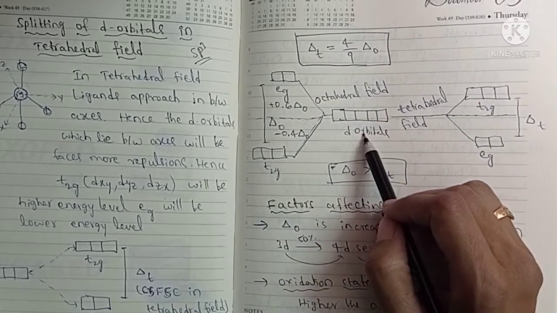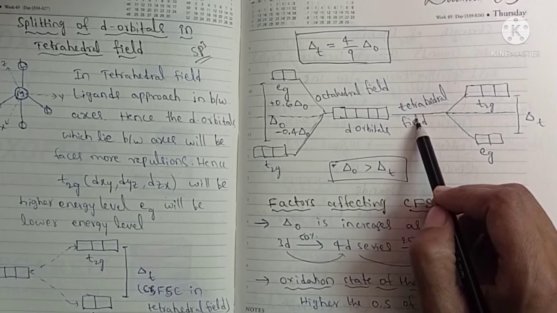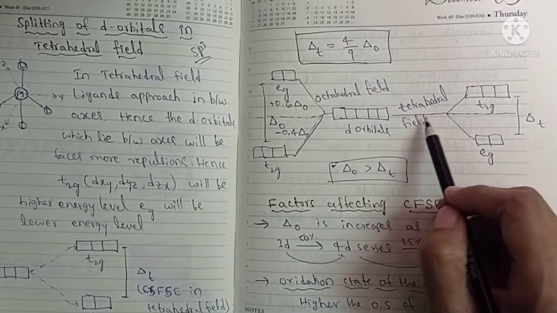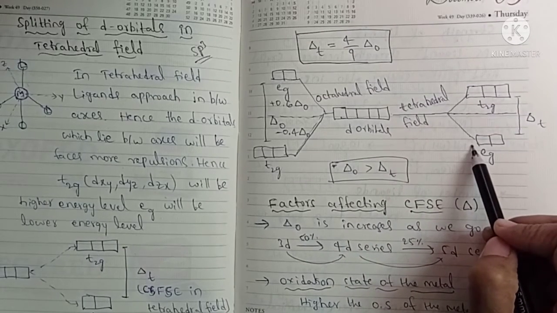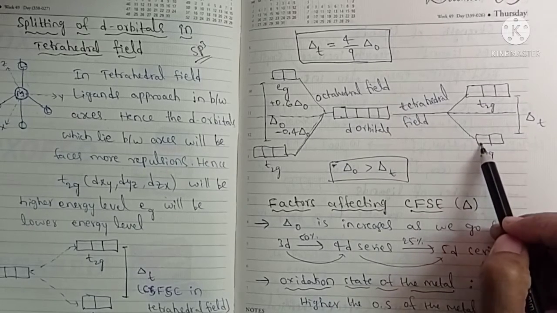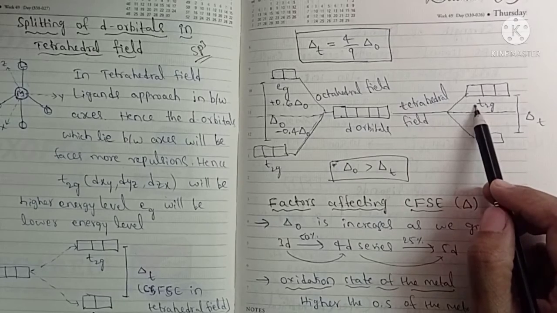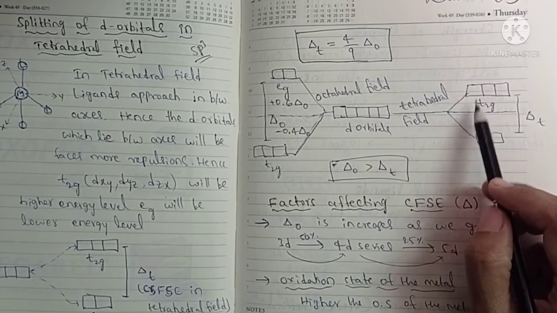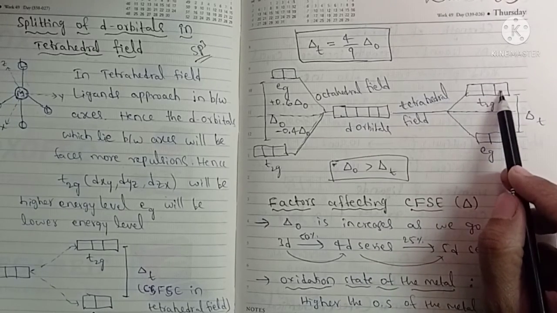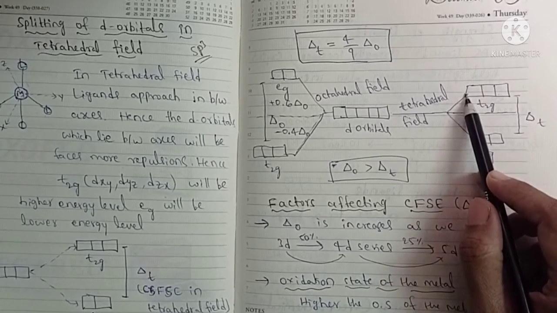These are d orbitals, and these are degenerate orbitals. In a tetrahedral field, when ligands approach in between the axes, the EG level, which lies along the axis, undergoes less repulsion and will have less energy. The T2G level, dxy, dyz and dzx, lies in between the axes, so they will face more repulsion and they will have more energy.